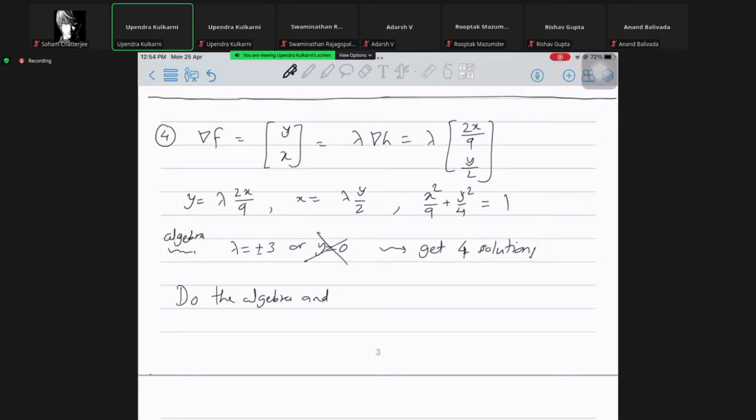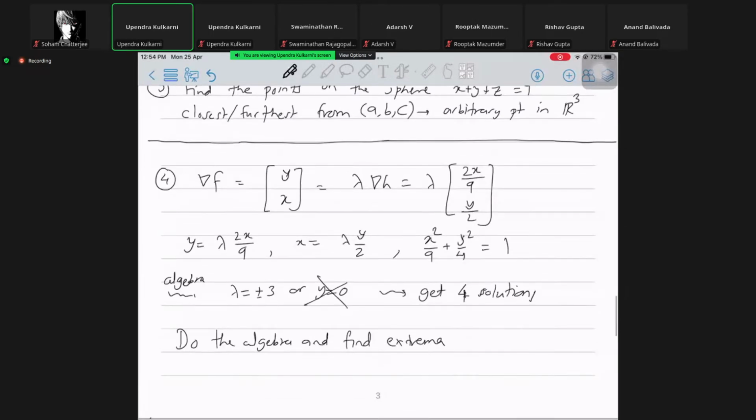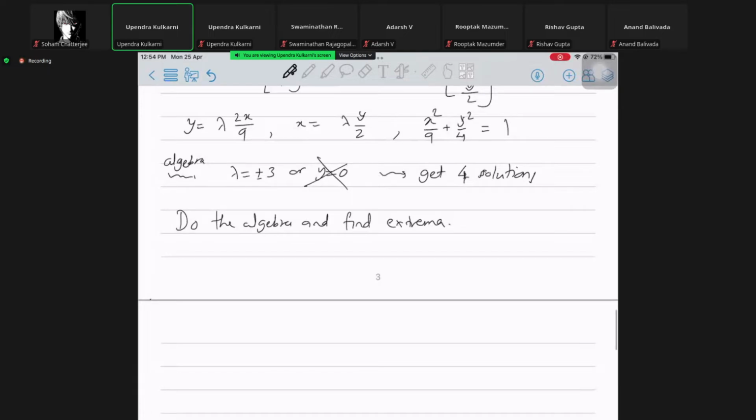And find extrema. Again, in this case, whatever is the maximum and minimum, it's just a matter of plugging in, right? Because the constraint is going to be an ellipse, a compact set.